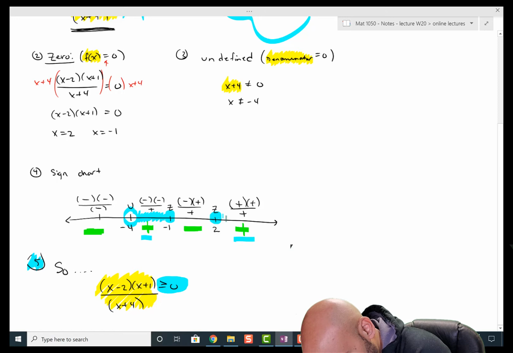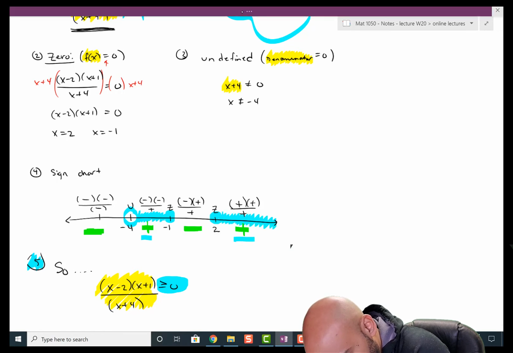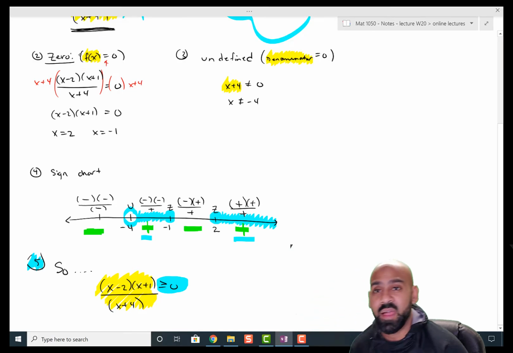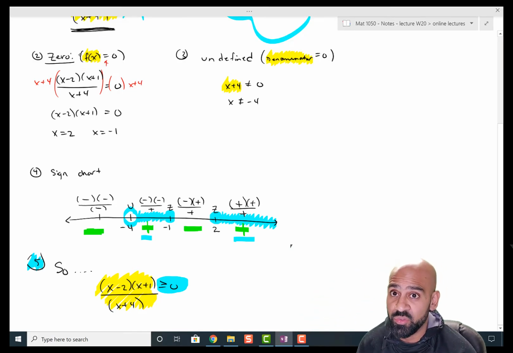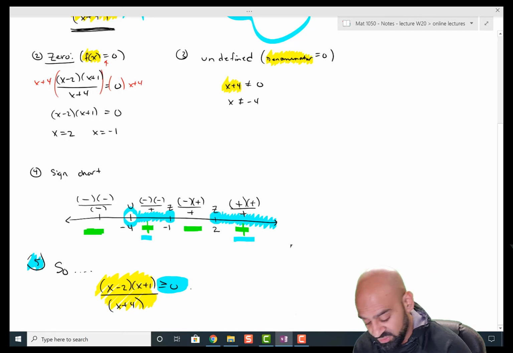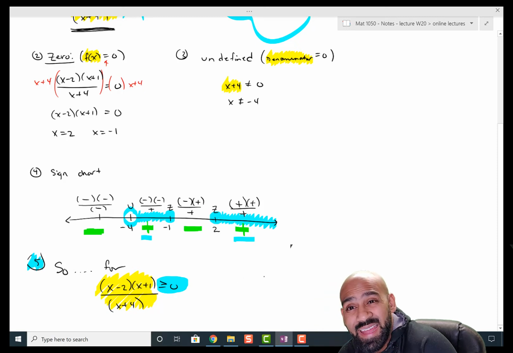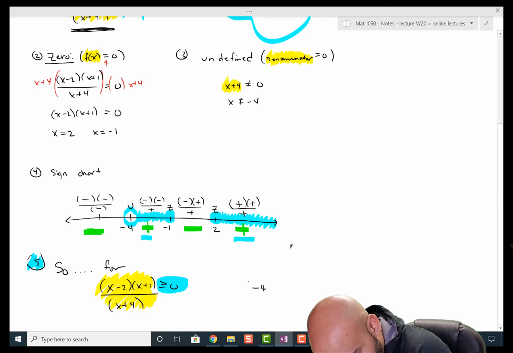Whoops. So positives and positives again. So that's my answer. Literally, we look at the first step to analyze which answer I want. Since I want greater than or equal to 0, I'm looking for when it's positive or when it's equal to 0. So for this expression, the x values that satisfy it are the ones from -4, not including, to -1.